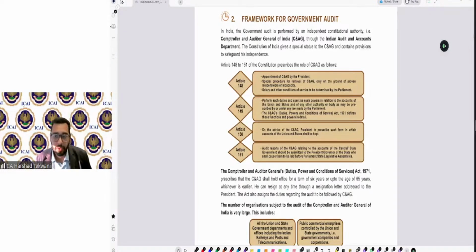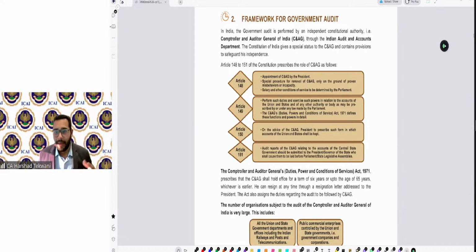Number two, if there is no separate legal entity that I'm going to audit, whom should I report to? Like communication with those charged with governance. Who is the governance over here? Who is the management over here? All these terms we need to understand from the point of view of public sector undertakings and audit of that particular scheme.